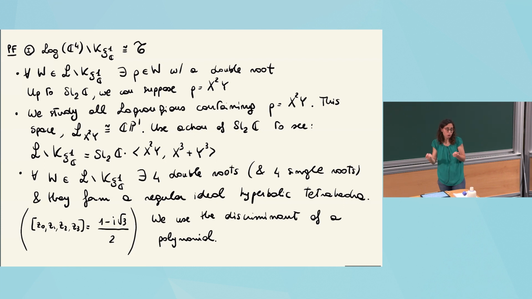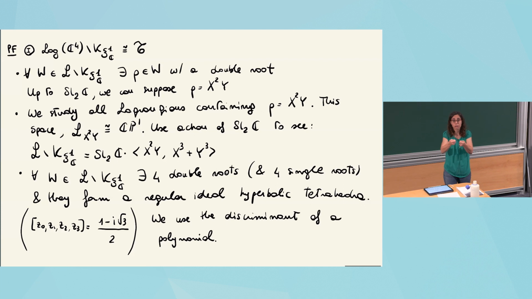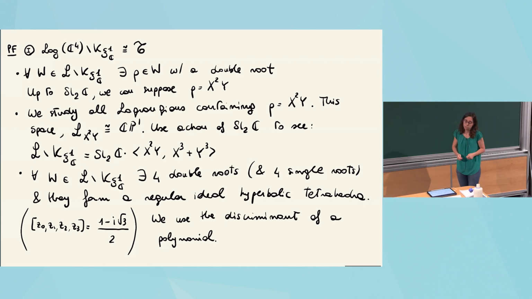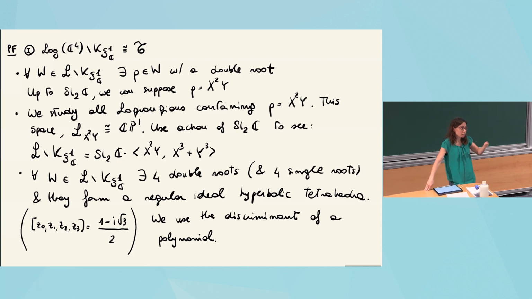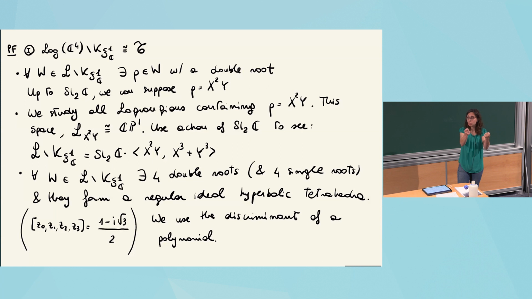Again, not obvious, but you just write the symplectic structure, and you really see what it means to be Lagrangian. Once you know that, you can use the action of SL2C to choose this double root to be 0 and the single root to be infinity.